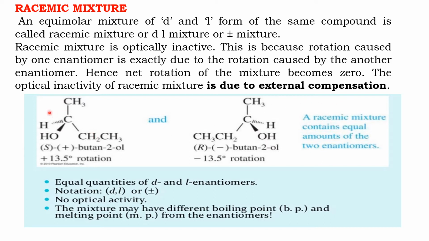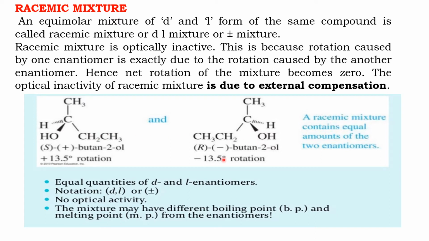See here, I have a butanol which has a plus 13.5 degree rotation, and I have a butanol which has minus 13.5. These two are related as object to mirror image.